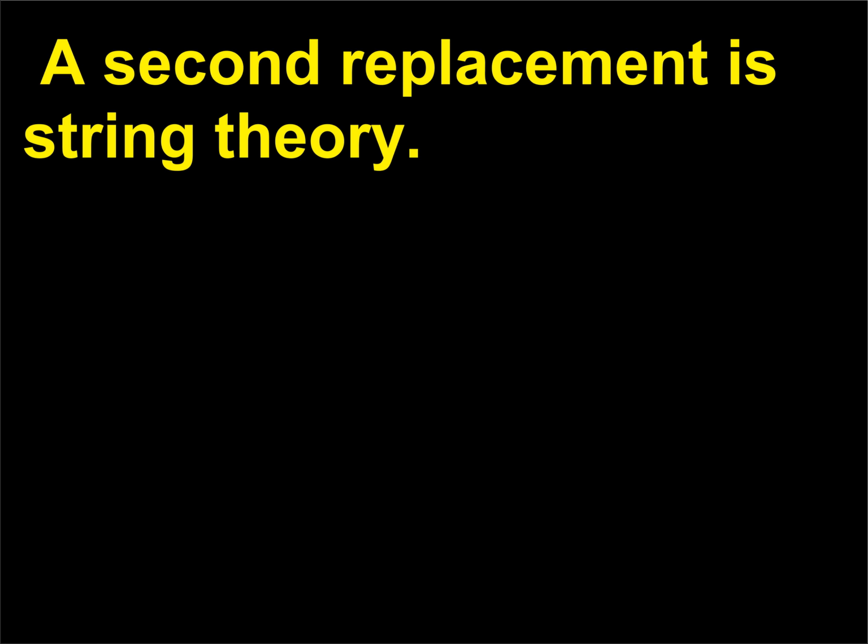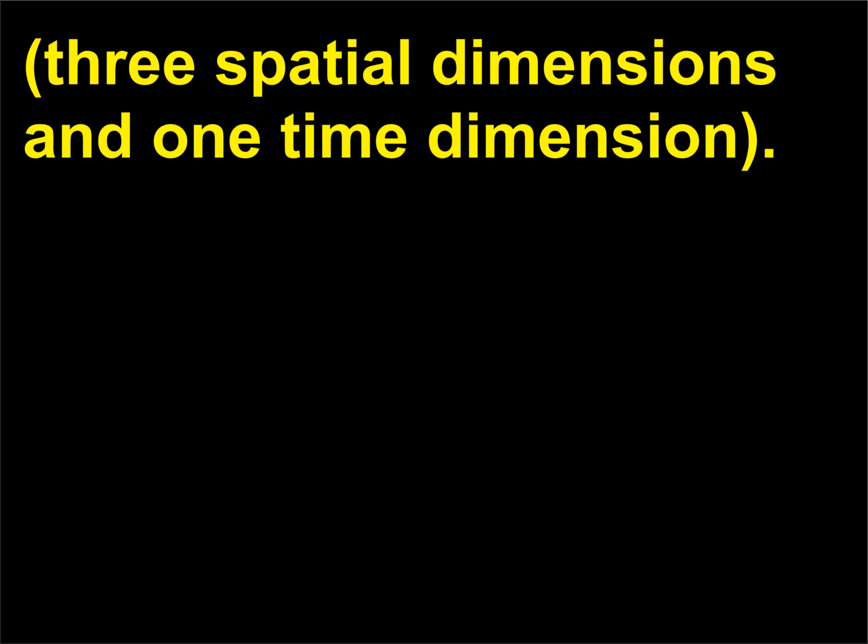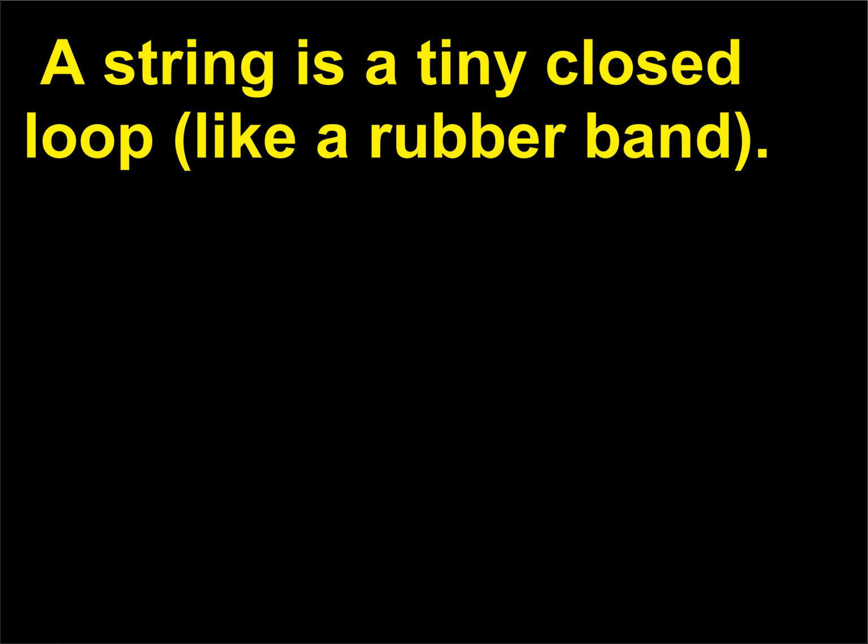A second replacement is string theory. String theory requires a 10-dimensional spacetime rather than the normal 4-dimensional spacetime: 3 spatial dimensions and 1 time dimension. A string is a tiny closed loop, like a rubber band.